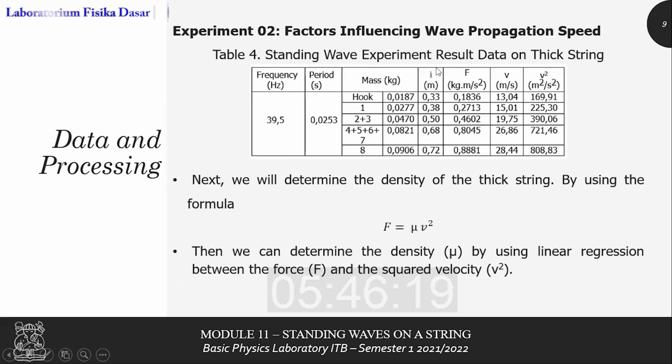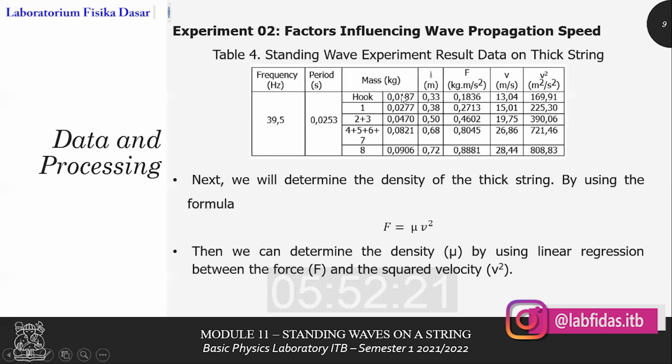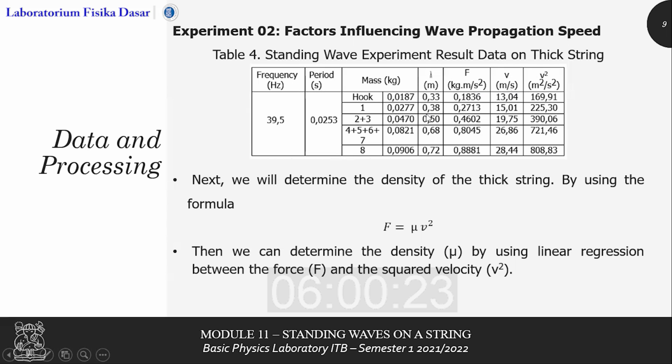The lambda we measure. For F, we calculate it by mass times gravitational acceleration. For the velocity, we multiply the frequency and the lambda. For v squared, we just multiply v times v.